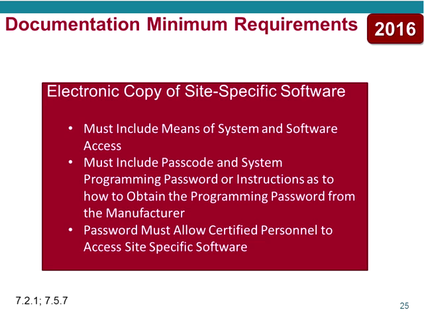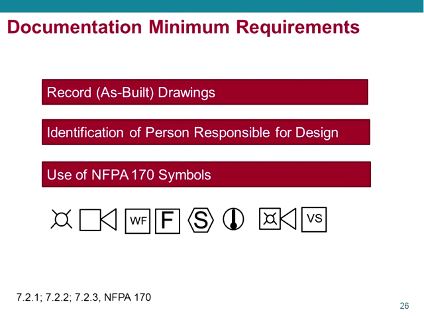So this is really not a huge change. It's just protecting the owner and making sure that if there is a failure, the owner can get the system back in service quickly to protect the building, rather than having to provide fire watches or some other means of mitigating an outage.